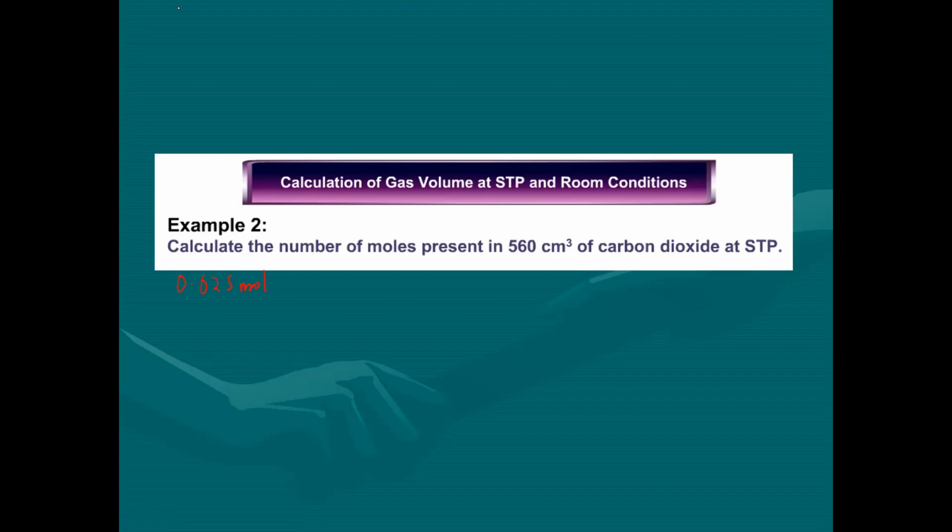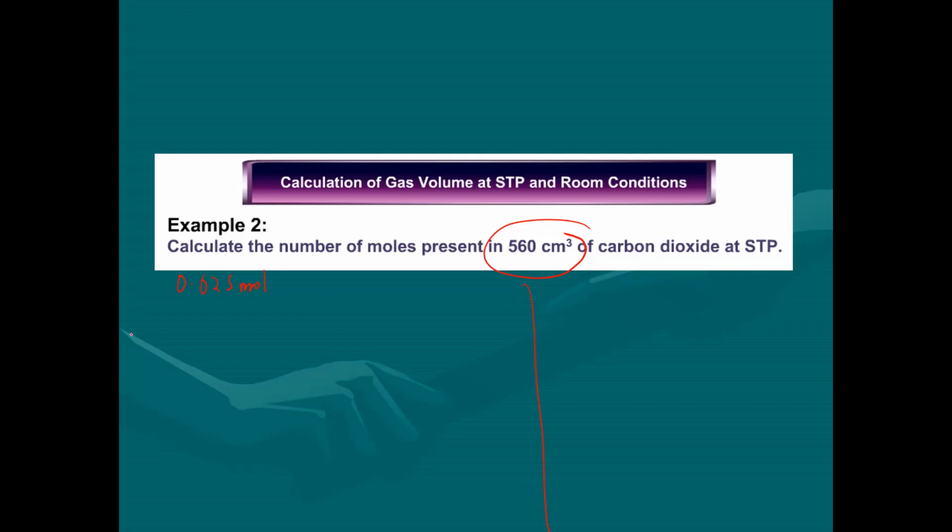All right, so let's go to the killer part. Actually, it's not killer at all, but look at the unit here. What unit is given here? cm cube. Okay, it's in centimeter cube. I've been teaching you in decimeter cube, correct or not? So I'm going to do it two ways for you. Way number 1, I change to decimeter cube. Way number 2, I leave it as it is.